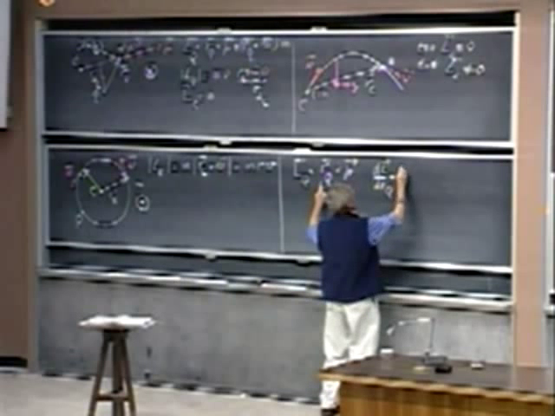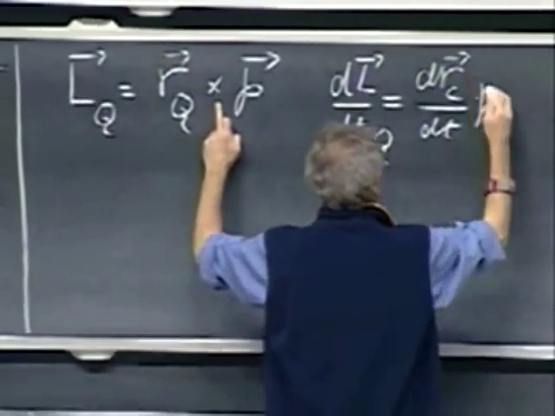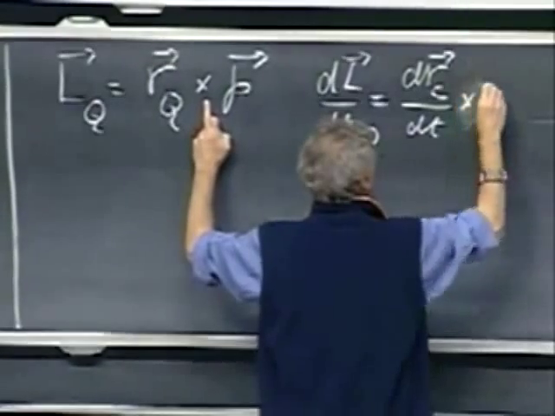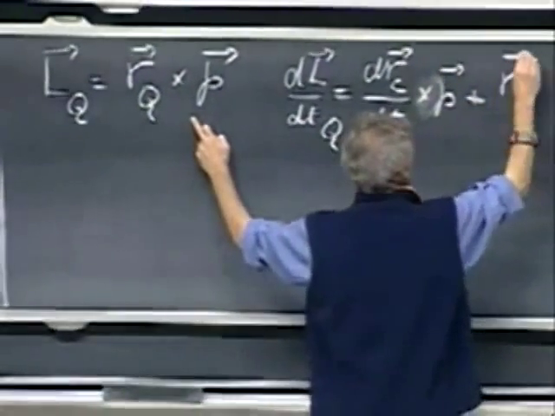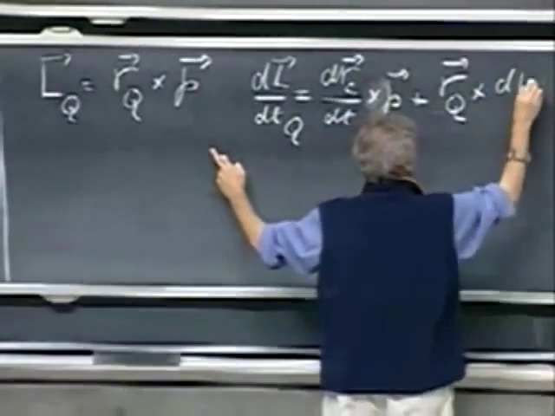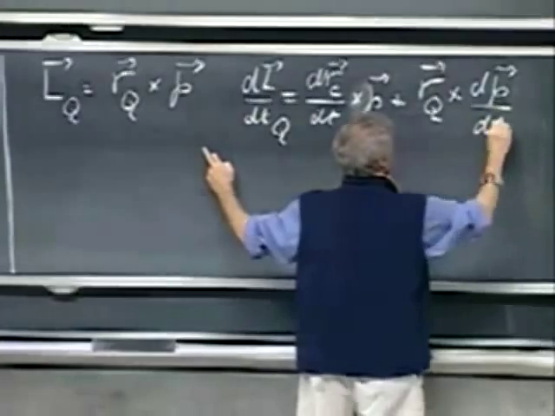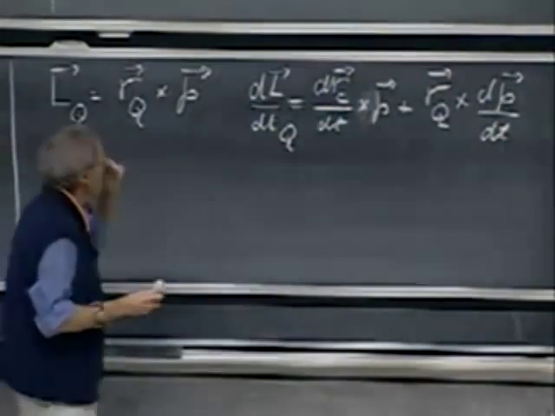That is going to be dr/dt cross P, plus r of Q cross dp/dt. This is the way that you take the time derivative of a cross product.